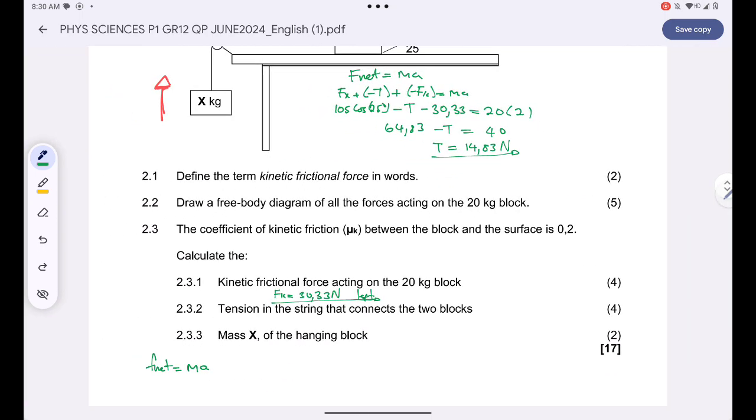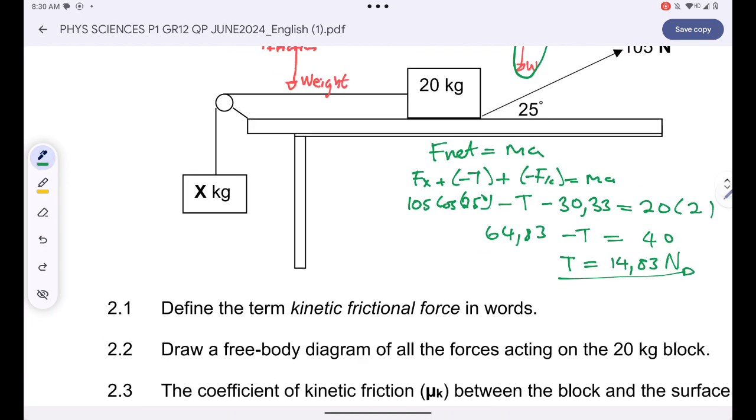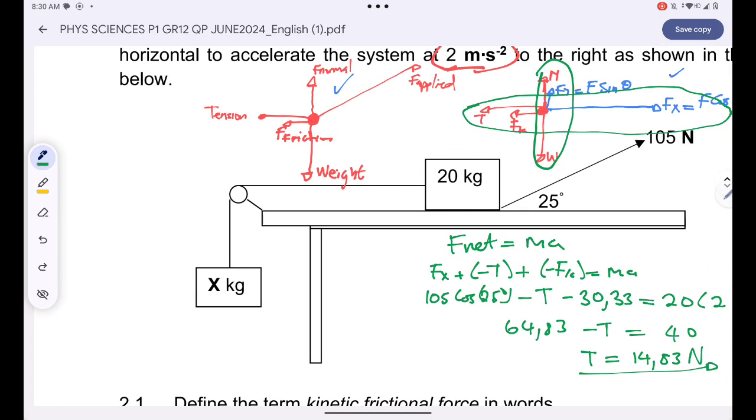Okay, and then now they want us to find the mass X hanging on the block. The entire system is accelerating upwards, right? So the free body diagram, I'll simply have my tension and my gravitational force over there, right? So I'll simply say F net for this one is equal to MA. That's basically tension minus the gravitational force is equal to MA.